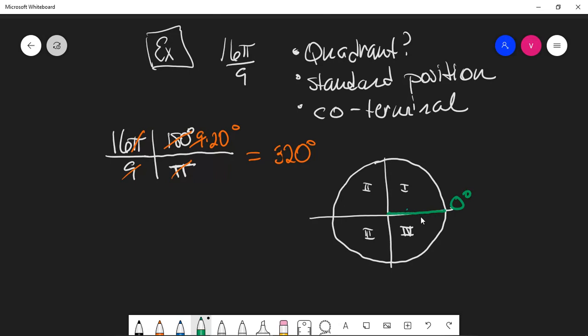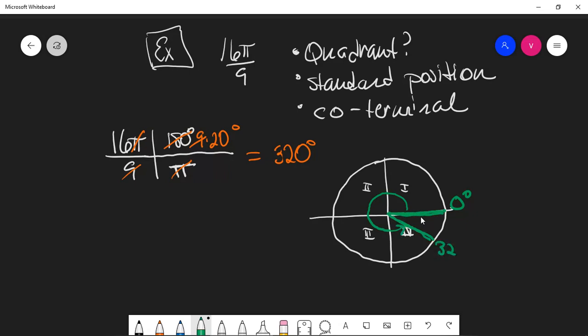Okay, and then we're going in the positive direction, which is counterclockwise. So there's positive 90, positive 180, positive 270, and then somewhere over here, right? If you went all the way around, it would be 360. So it's somewhere here in this fourth quadrant, you're going to have your terminal side. So initial side, terminal side.